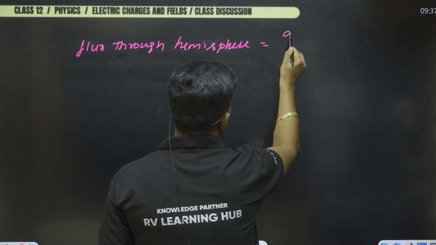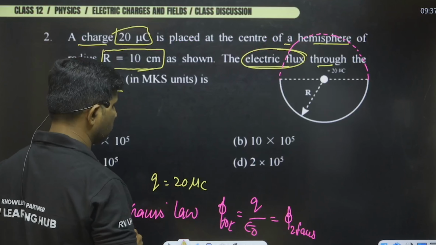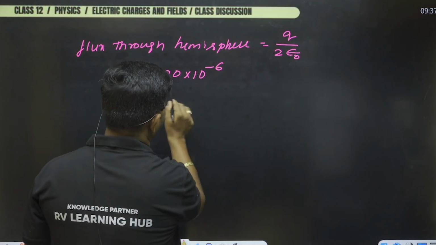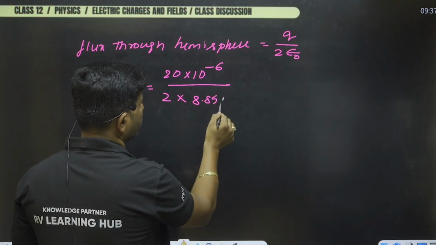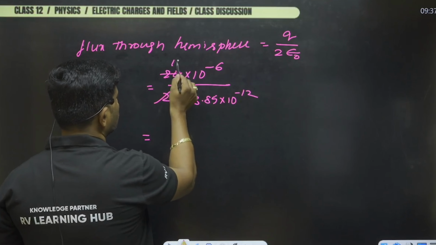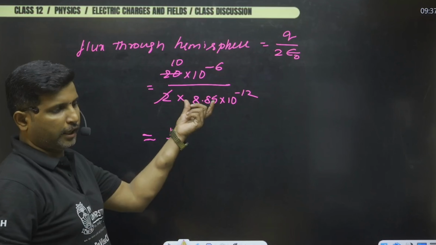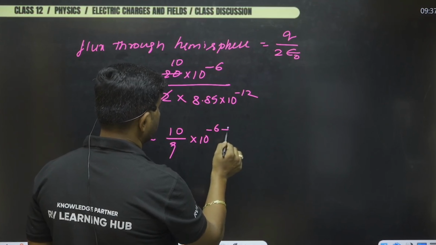It is always equal to Q by 2 epsilon naught. What is the Q value? It is 20 into 10 to the power of minus 6, divided by 2 into the epsilon naught value, 8.854 into 10 to the power of minus 12. Is it right or not? So approximately, you can say that 10 divided by 8.854 can be taken as 9, into 10 to the power of minus 6 plus 12.